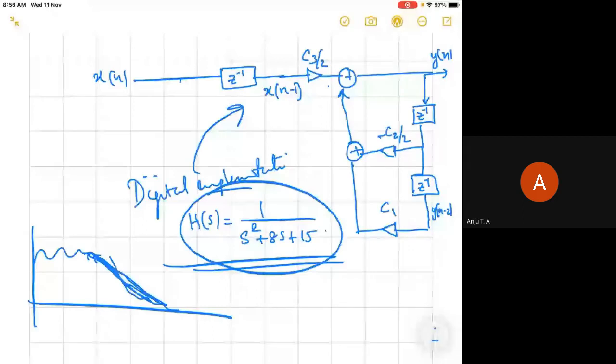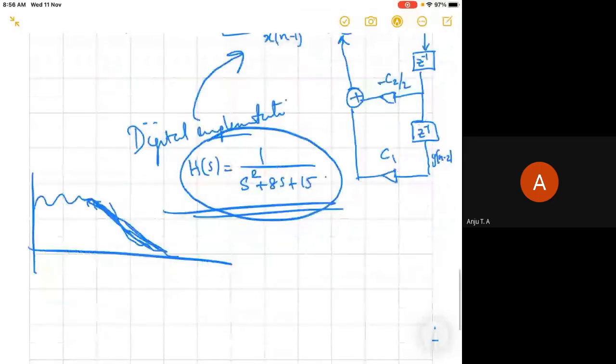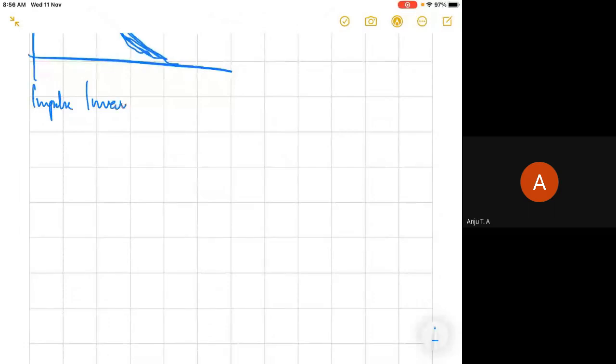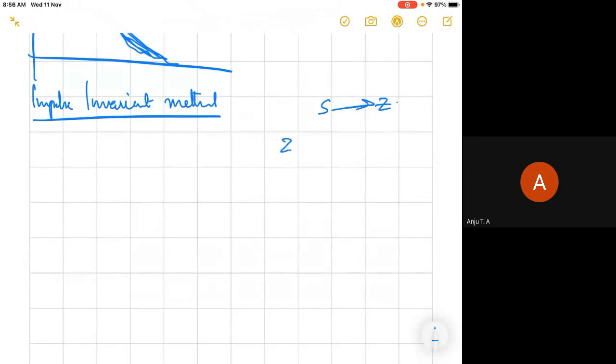So this what we have seen is the impulse invariant method for digital filter designing from analog filter, or transformation from S to Z. So basically, we saw yesterday that the basic transformation is z you put as e raised to sT, where capital T is the sampling time period.